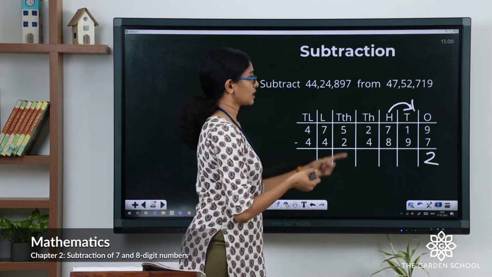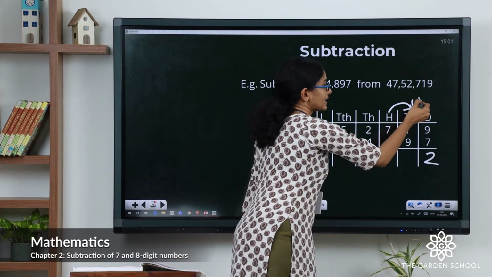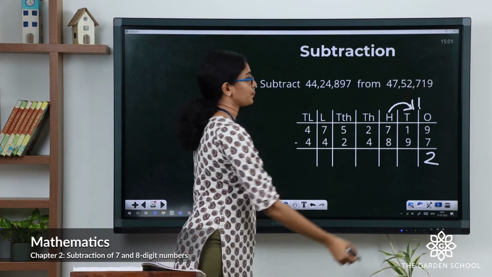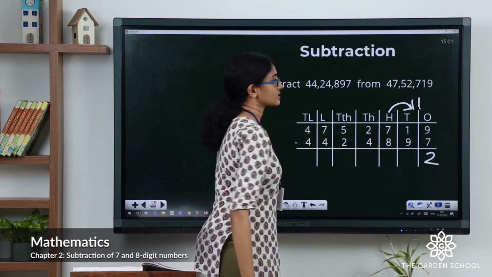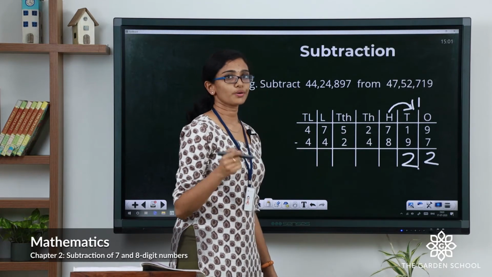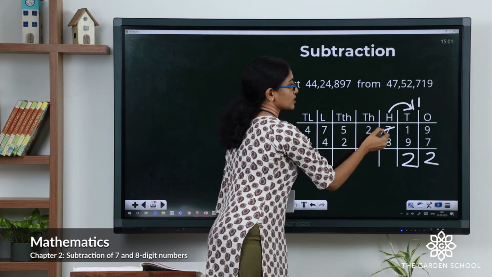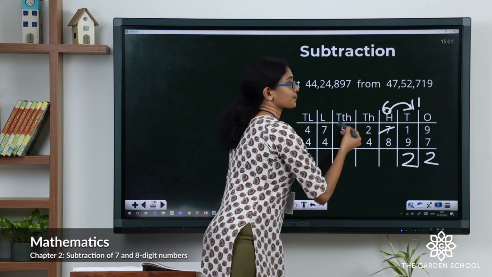So we have 10 tens plus 1 ten, so 10 plus 1 is 11 tens here. Now 11 minus 9 is 2 tens. So since I borrowed 100 from the 700s, this 7 is changed to 6.